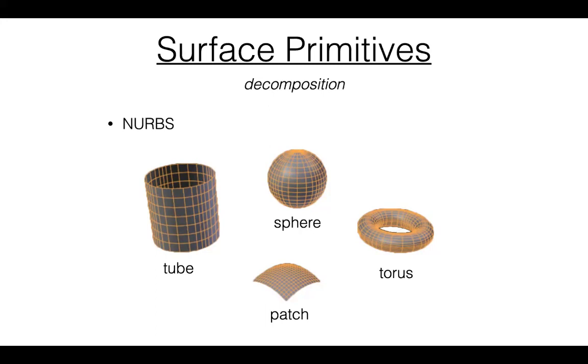And this is very much used in the industry, in CAD/CAM systems, because when you want to build something, you want the actual geometry. So this is used in the car industry, aerospace industry, and others.